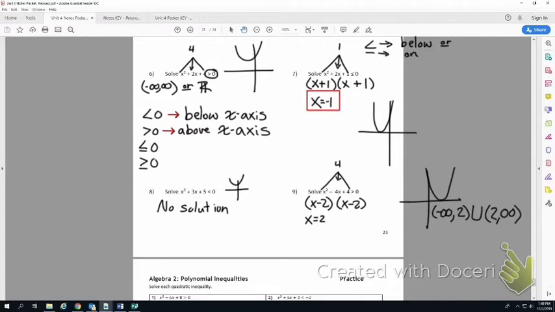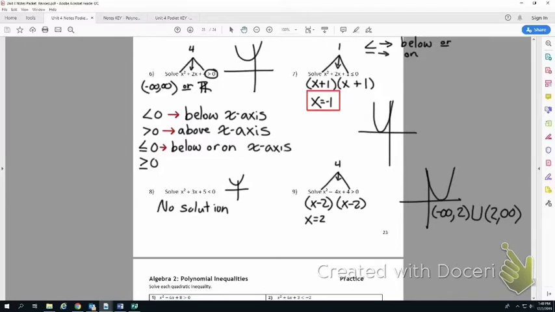Whenever it's less than or equal to, okay, on, let's say, below or on the x-axis.